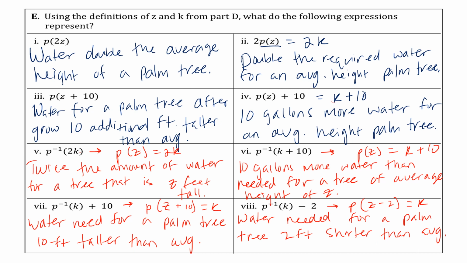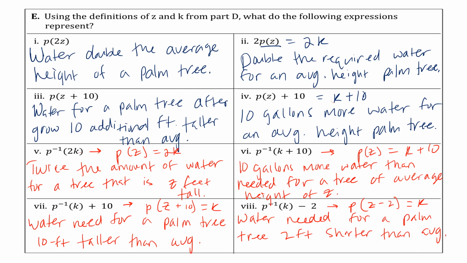So with the inverse, we interpret it in terms of what the original function would be by switching the roles of our input and our output. So my input here is 2k. To go back to the original, my input is just going to be z because this is what this is equal to, z. And so P of z equals 2k. And if I have P of z equals 2k, what does that mean?